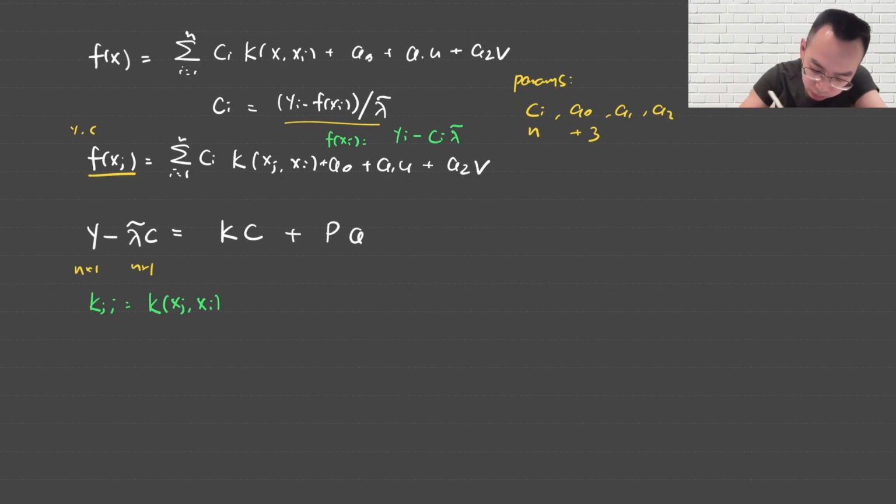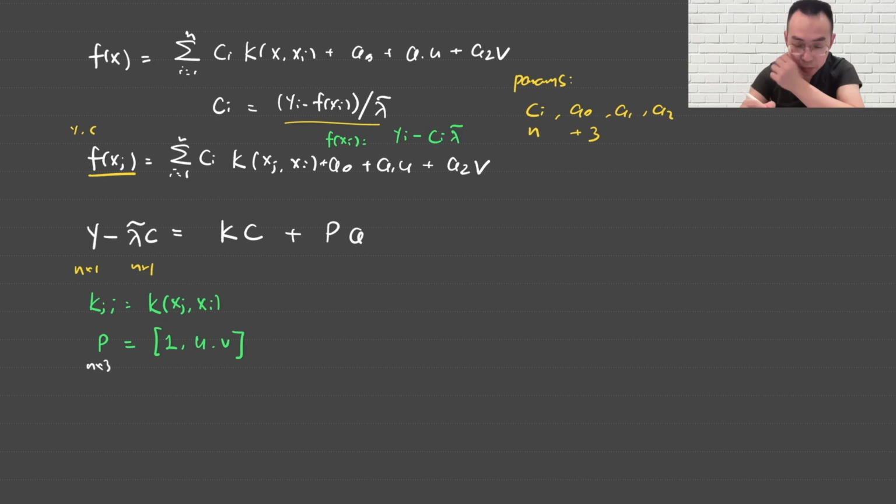P is going to be simple, right? P is just going to be 1, U, and V, so that's an n by 3 matrix. The K matrix is going to be an n by n matrix.